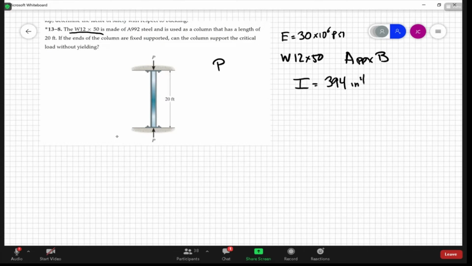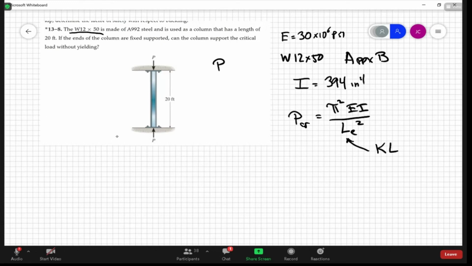First thing we want to do is we know we're going to have the critical buckling equation, right? So it's pi squared EI over L effective squared. Or you can use, in terms of L effective, K times the length.